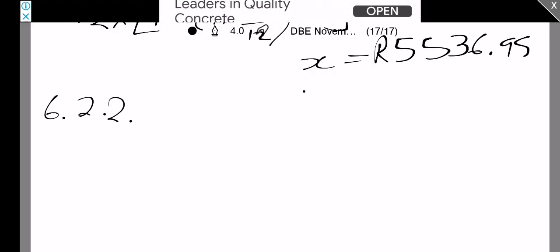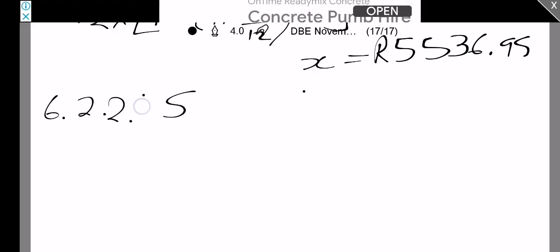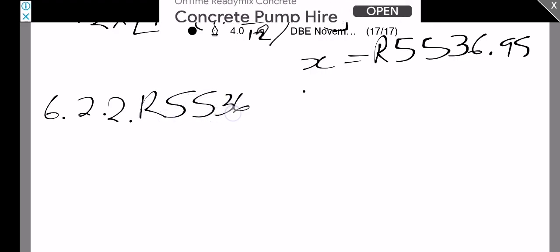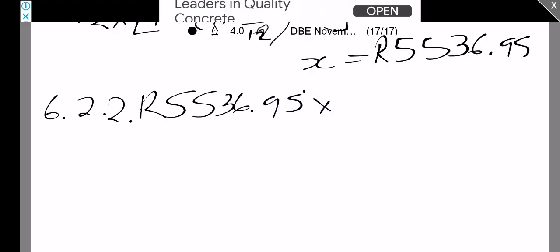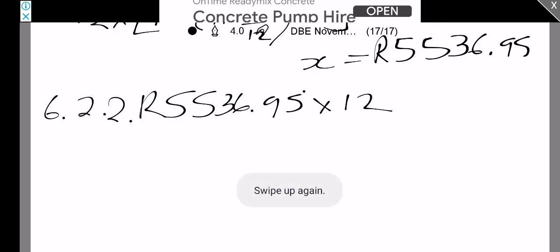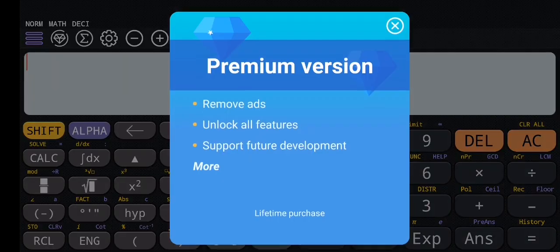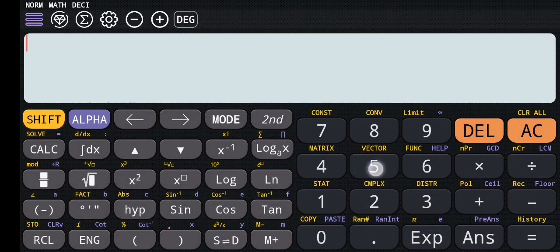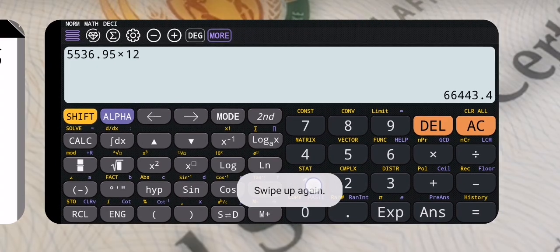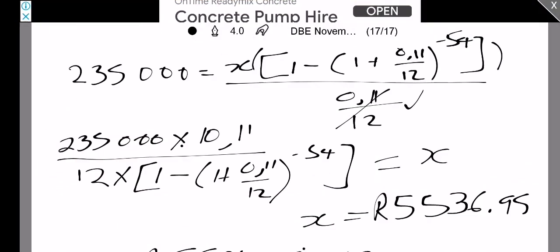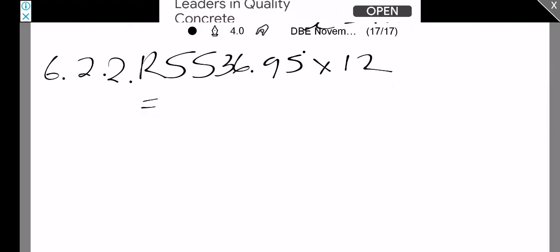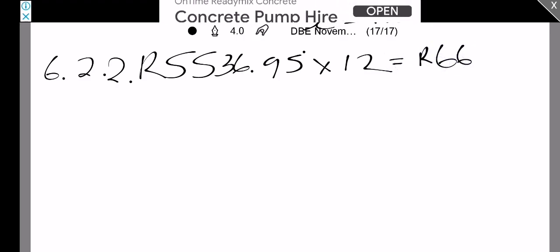Now it's going to be 5,536.95 times 12. This gives us 66,443.4.